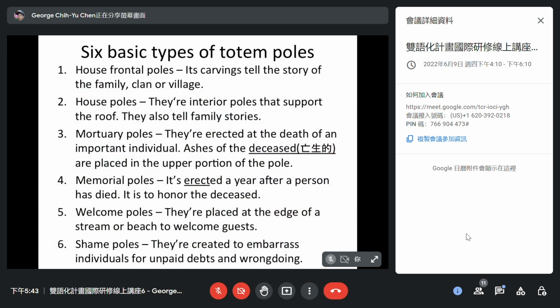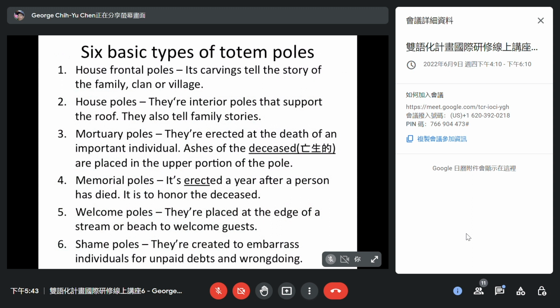The first type is house frontal poles. Its carvings tell the story of the family, clan, or village. House frontal means something they put in front of their house, 放在大门口前面.